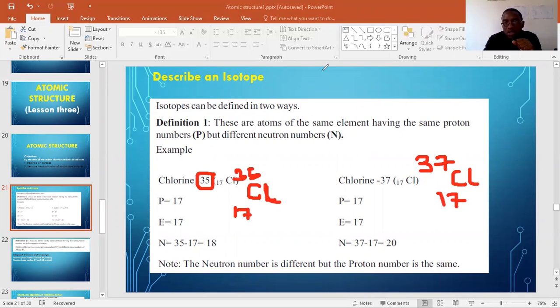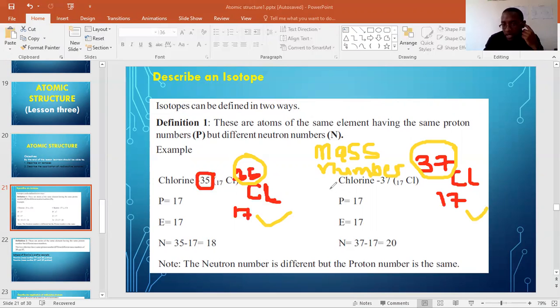We're going to notice that these atoms of the same element have different mass numbers. The mass numbers are not the same, but the proton numbers are the same.